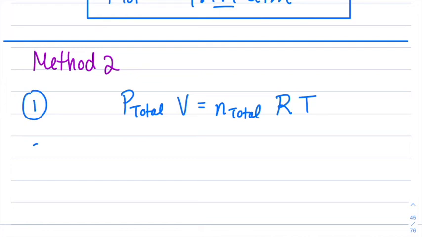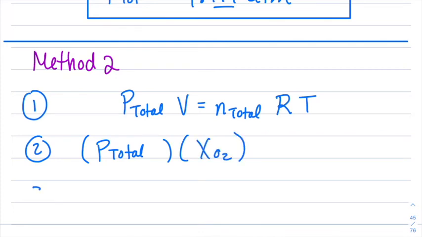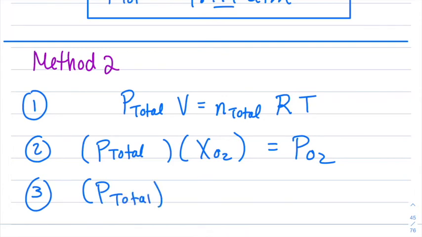Once you find P total, you're going to need to multiply that times your mole fraction of O2, and that will give you the partial pressure of O2. And you will need to multiply that times the mole fraction of CH4. That would give you your pressure of CH4.